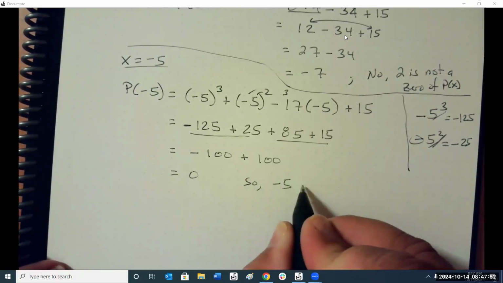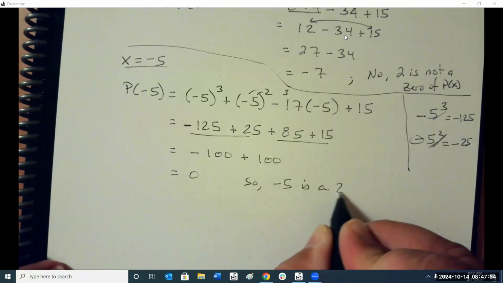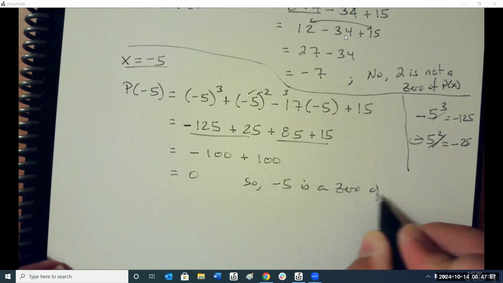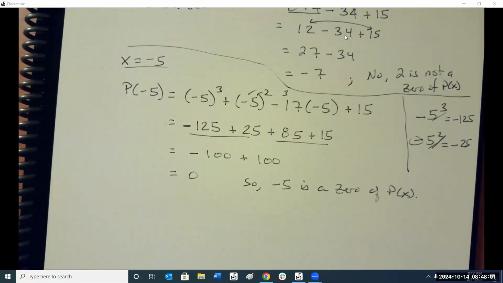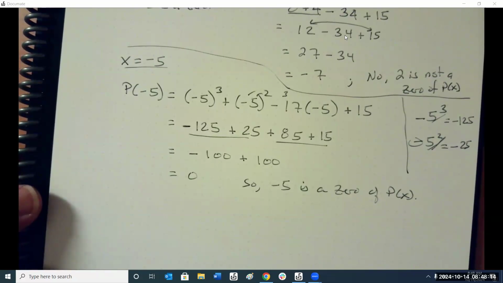So negative 5 is a 0 of our polynomial. Right, so that is our zero.